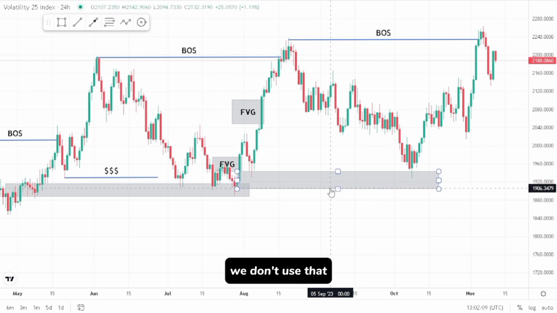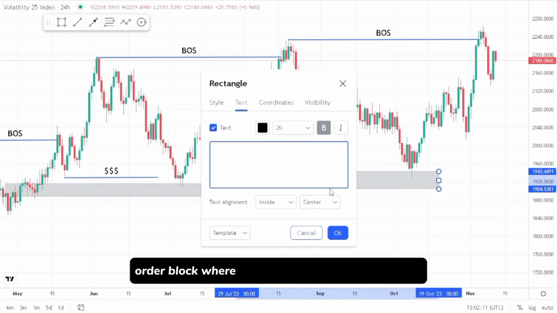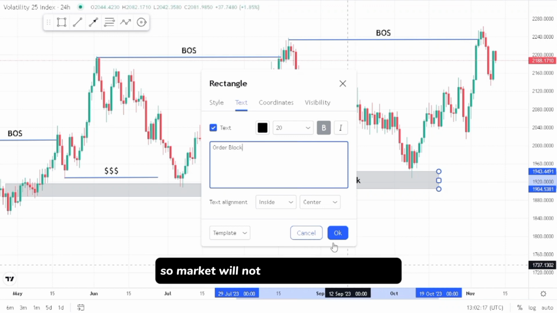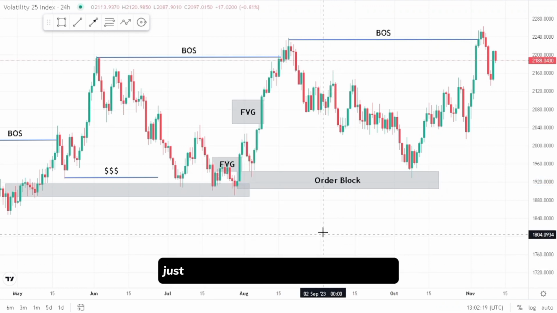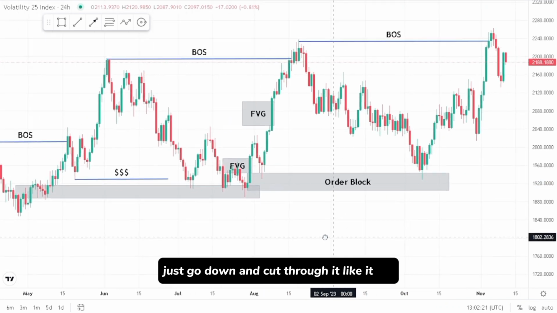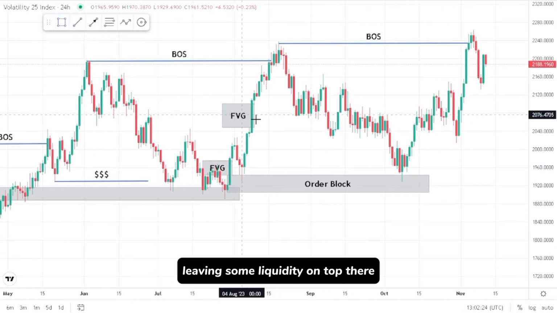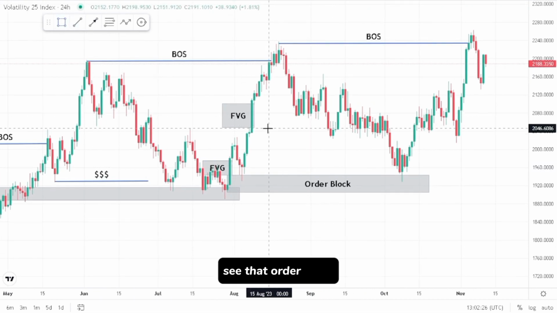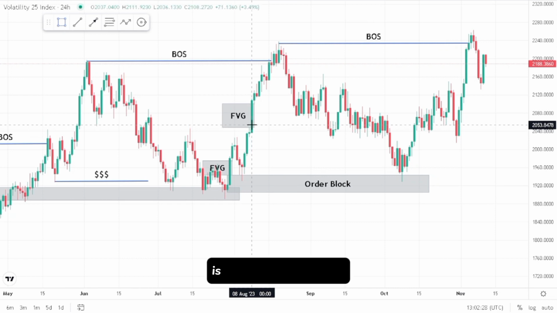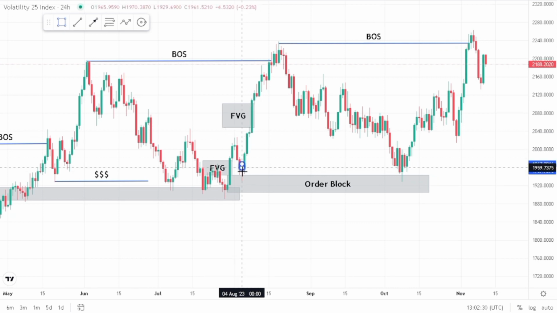We don't use that order block where we marked the FVG on top because below that there's another fair value gap, so the market will not respect that order block. It will just go down and cut through it like it did, leaving some liquidity on top there. See, that order block is a trap, not an order block.